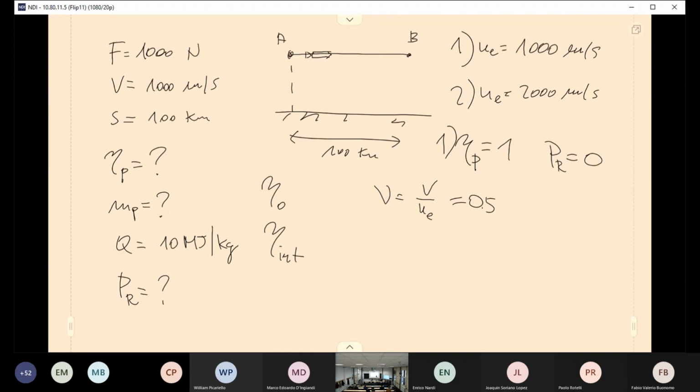We recall the relation between the propulsive efficiency and this ratio of velocities, and the result is 0.8. Of course, this is the expression for the rocket.